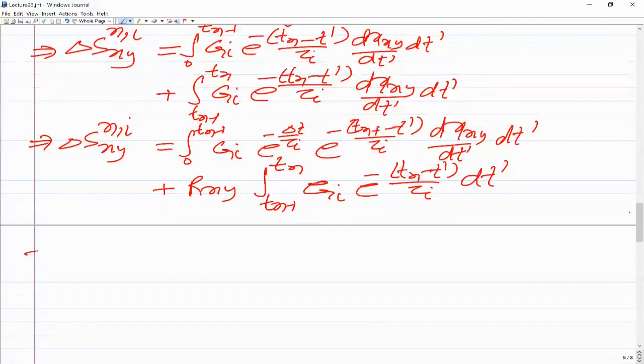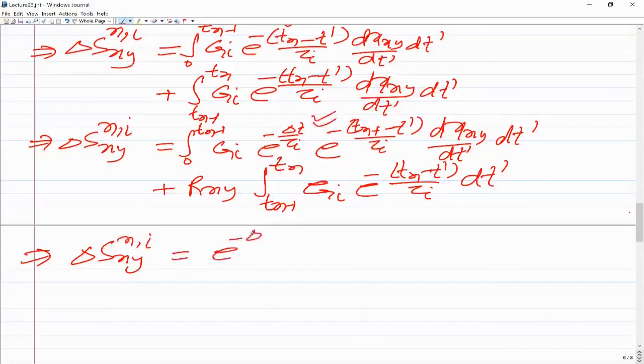So this first term I can write as e to the power minus delta t upon tau i, and the remaining thing is delta sxy n minus 1 comma i. So that is what that term is.